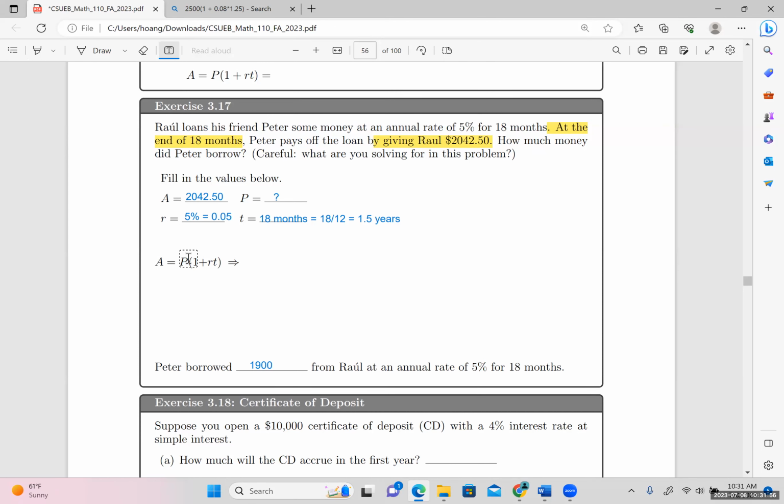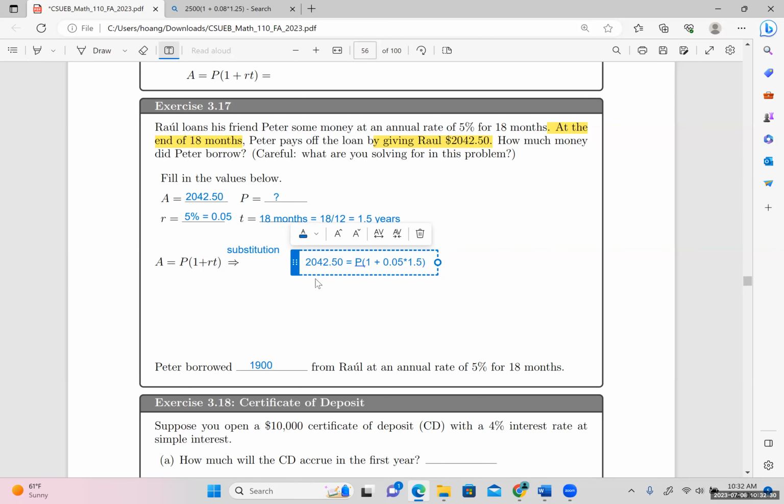Okay, so now substitution. I'm going to substitute all the values. I'm going to have A, 2042.50, equal to P, because you don't know, times 1 plus 0.05 times T, which is 1.5.